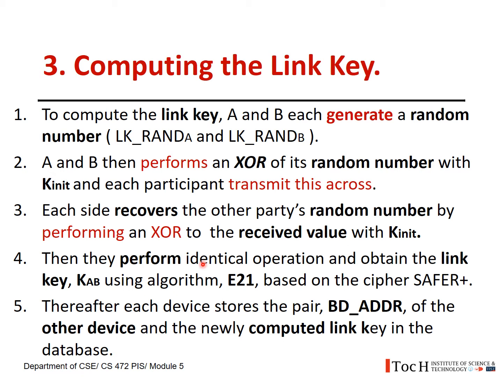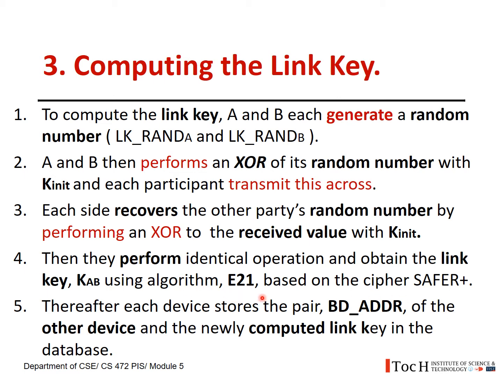And the next operation is the most important operation. It is an identical operation which is performed on both sides, A and B. This operation is performed to obtain the link key, or the common secret key, which is generated identically on both sides, A and B. This key is called key AB or KAB.